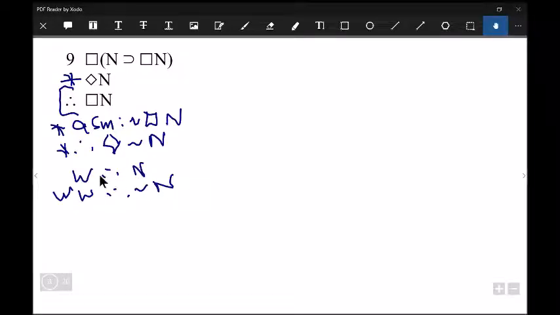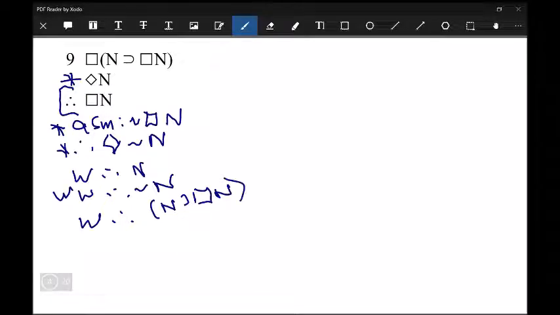The one where you're going to get something is world W. So it's true in all possible worlds, therefore it's true in world W: if n, then necessary n. But in world W, you have n, and if n, then box n, therefore in world W, you've got box n.